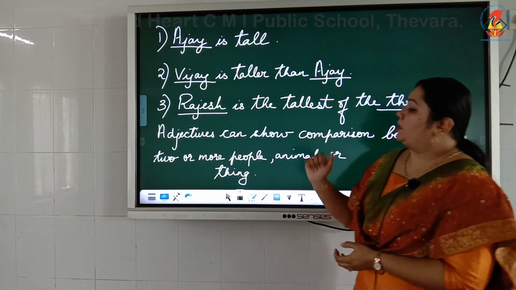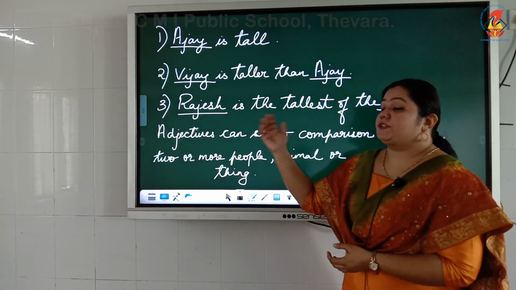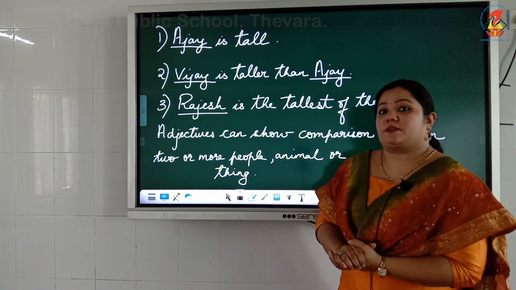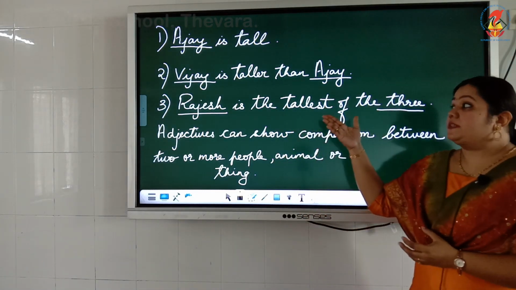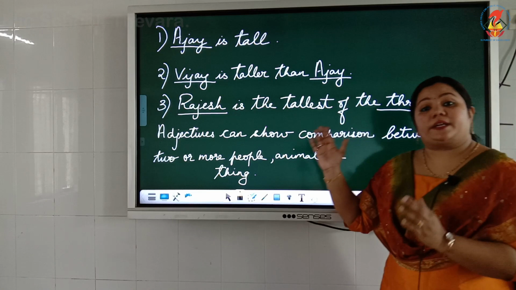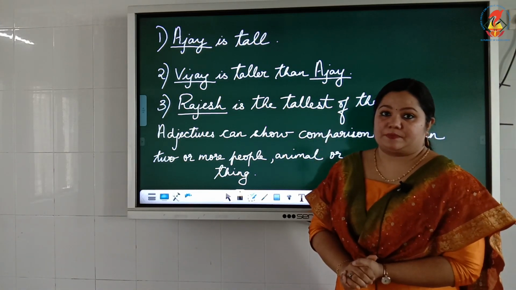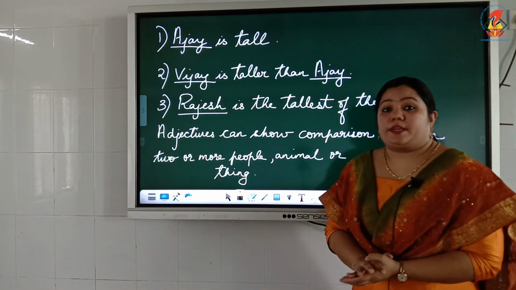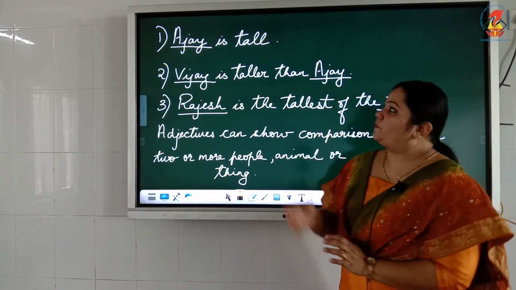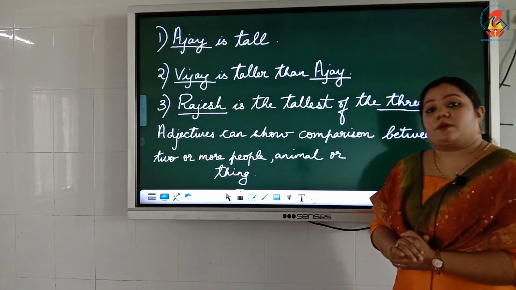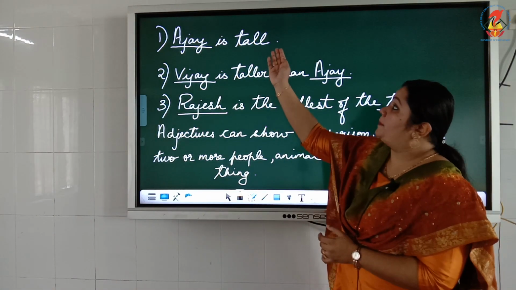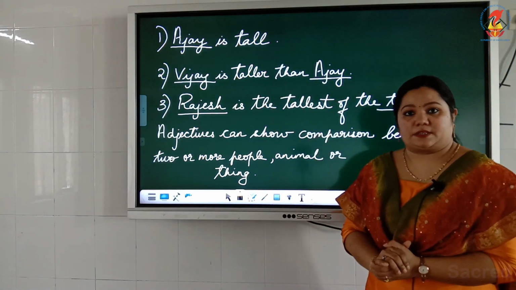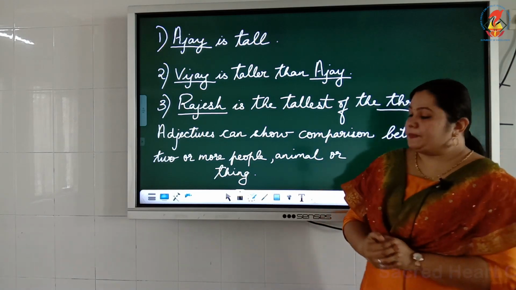And the third one, when Rajesh is compared to all the other boys, this sentence is said to be in the superlative degree of comparison. That is, comparison made between more than two animals, persons or things. The first sentence anyway has no comparison whatsoever, so it is in the positive degree of comparison. I will tell you in detail, okay?